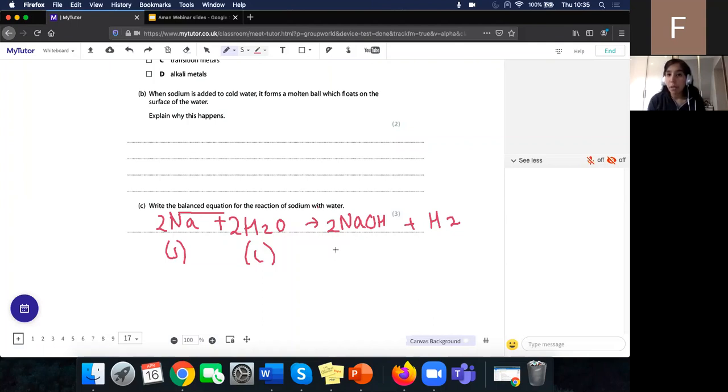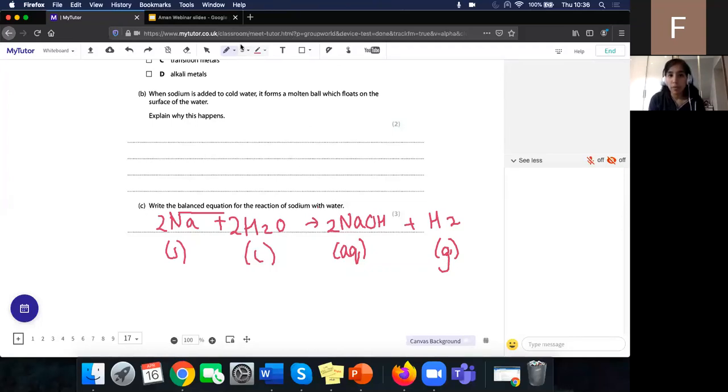And remember, if something dissolves in water, it's aqueous. So that's why sodium hydroxide is aqueous. And again, hydrogen is a gas. We know that. So it goes around as a gas. They wouldn't expect you to write the state symbols unless you've covered it. So the reactions we covered today, I put in all the state symbols. So those ones you should know. And hopefully they make sense, but ones that you haven't covered, you wouldn't be expected to know.